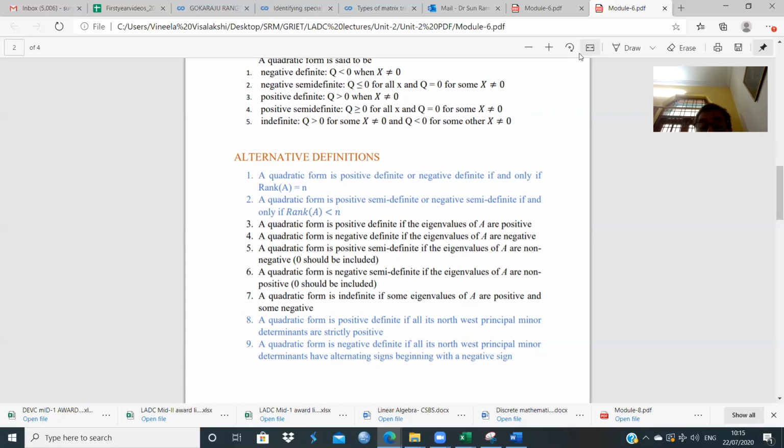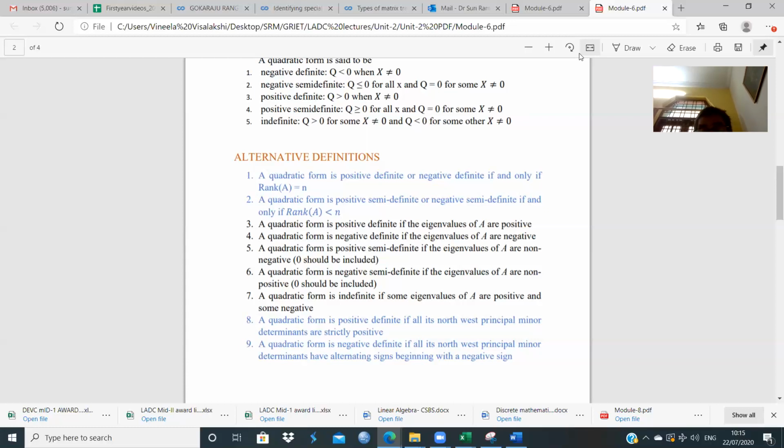And it will be positive semi-definite if the eigenvalues of A are non-negative, but 0 should be one of the eigenvalues. Similarly, negative semi-definite if the eigenvalues of A are non-positive, and 0 should be one of the eigenvalues. And a quadratic form is indefinite if some eigenvalues of A are positive and some are negative.